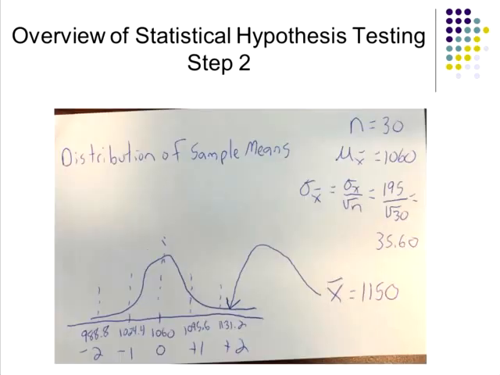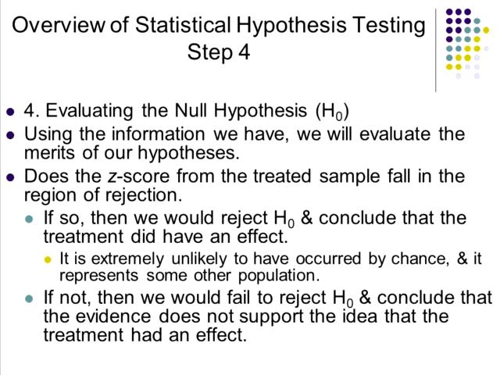Our sample mean is 1150, so it's 1150 minus 1060 divided by 35.6, the standard error. That's 90 over 35.6. And so we would need to figure out that number.